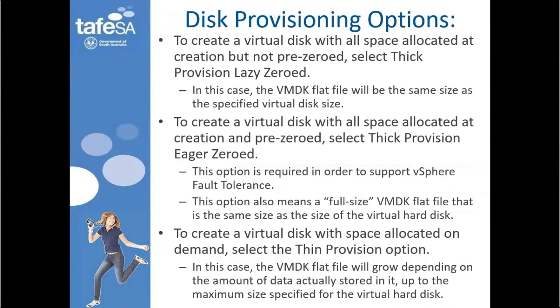The advantage is obviously you don't use up all the space straight away, right? Just like what we're doing in our class. But what's the advantage of actually creating the fixed provisioning? It's actually better performance if you allocate the space straight away. In this case, with the thin provisioning, the VMDK file will grow depending on the amount of data you actually store on it, up to the maximum size you've defined.